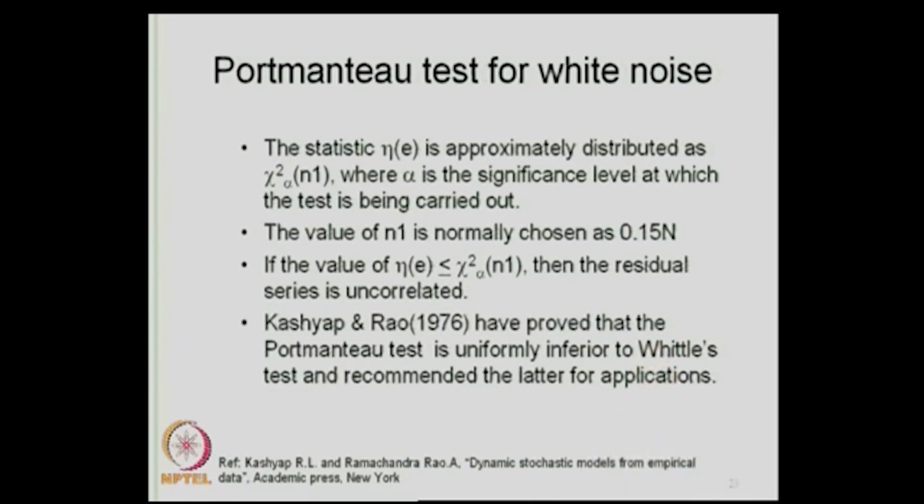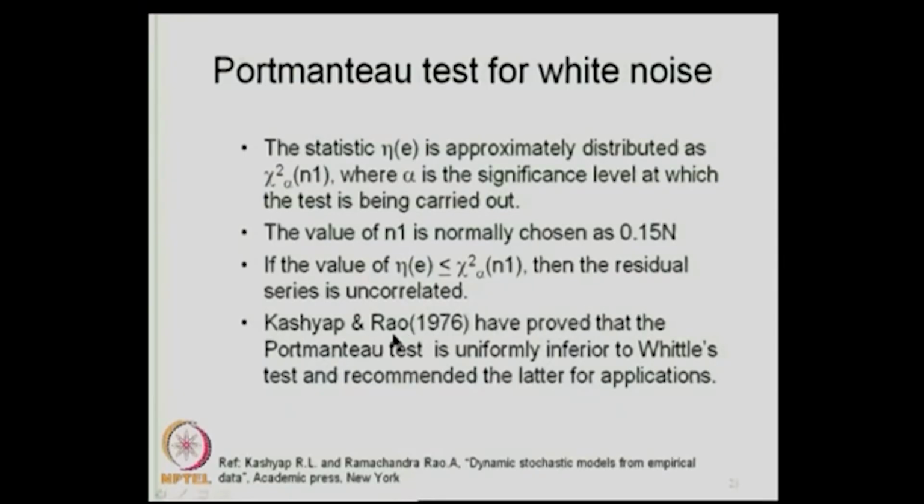So, for the white noise test, that means to examine whether the series is uncorrelated or not, we have two tests, namely Whittle's test and the Portmanteau test. In both of them, we use the covariance matrix of the residual series and then formulate a statistic.